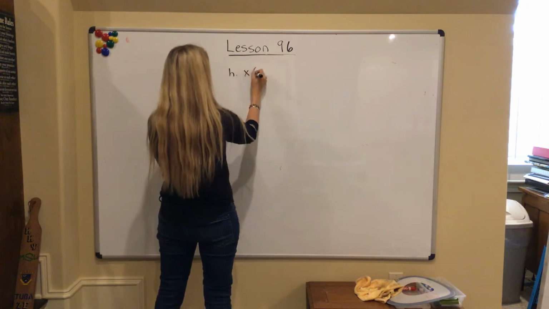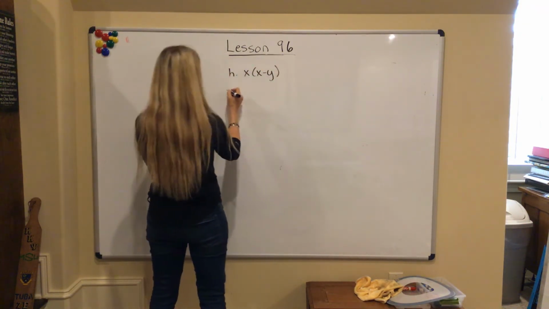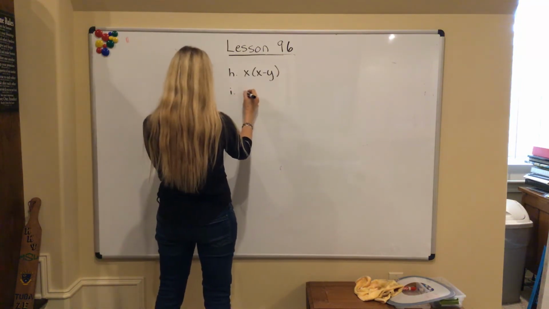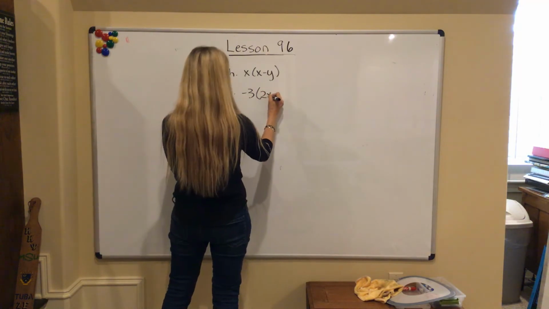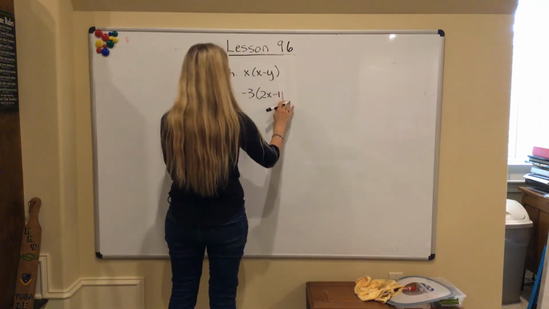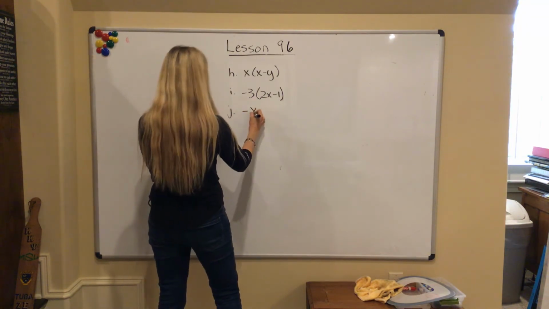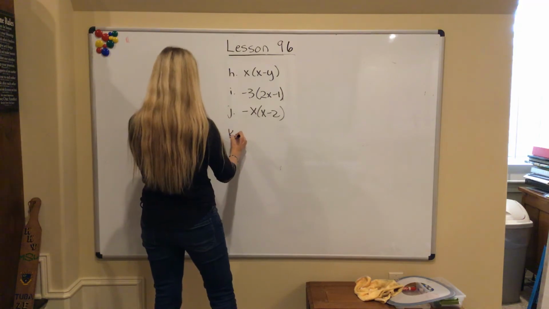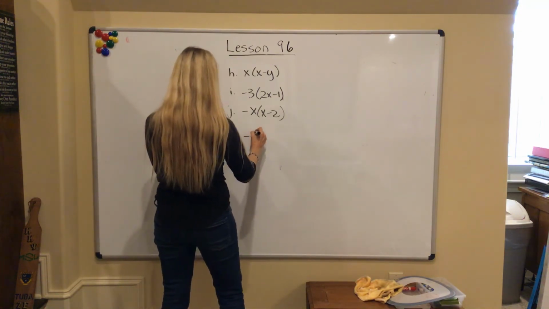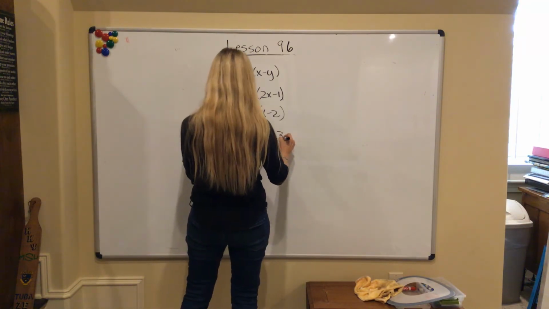Okay. x times x minus y. Okay. I is negative 3 times 2x minus 1. J is negative x times x minus 2. K is negative 2 times 4 minus 3x.